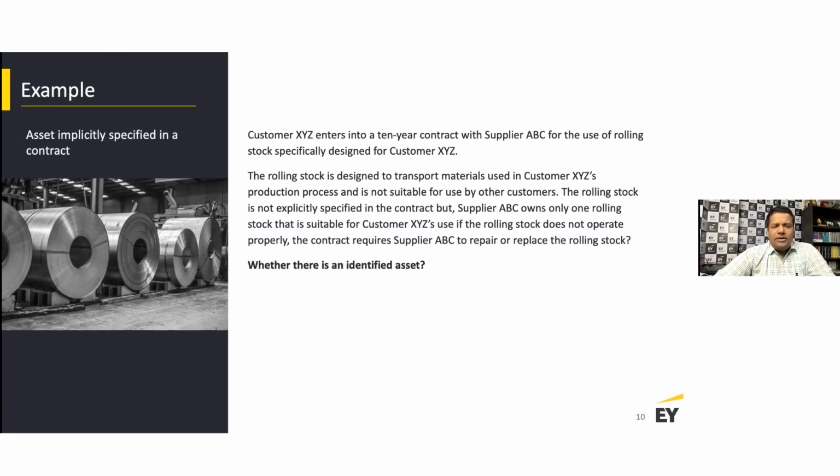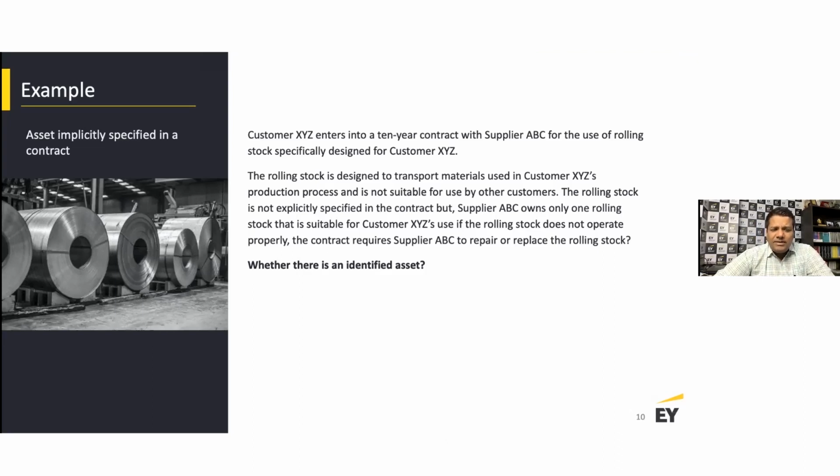The rolling stock is designed to transport materials used in customer XYZ's production process and is not suitable for use by other customers. The rolling stock is not explicitly specified in the contract, but supplier ABC owns only one rolling stock that is suitable for customer XYZ's use. And if the rolling stock does not operate properly, the contract requires supplier ABC to repair or replace it. That means this is the only rolling stock available to me.